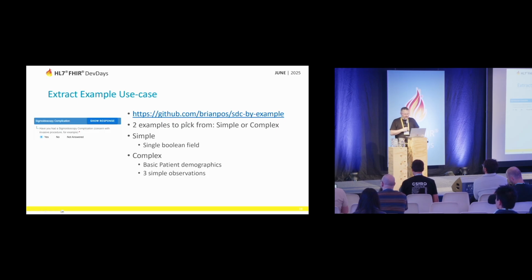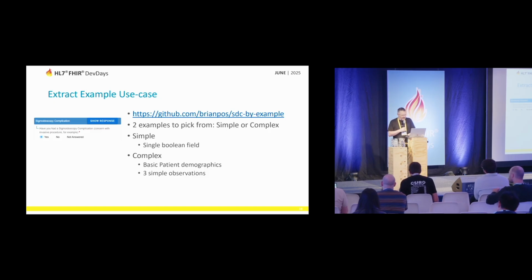So I've got two examples. A simple one, which is a single question with a single value, coming out to produce a nice bundle with that observation. It's a nice sample, and I did all four approaches to produce that content.